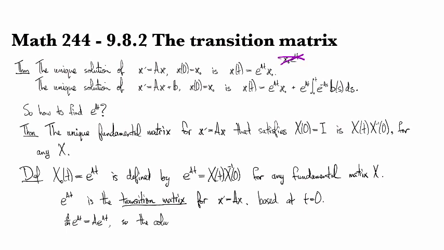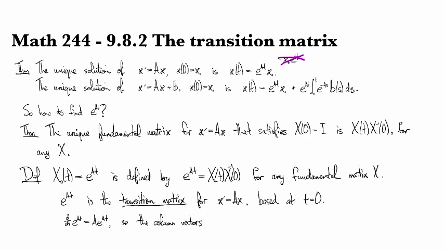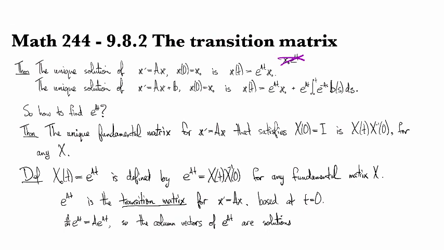So all of the columns of e to the At are solutions of this system. And clearly if you take e to the At and you evaluate at t equals 0, you definitely get the identity matrix.